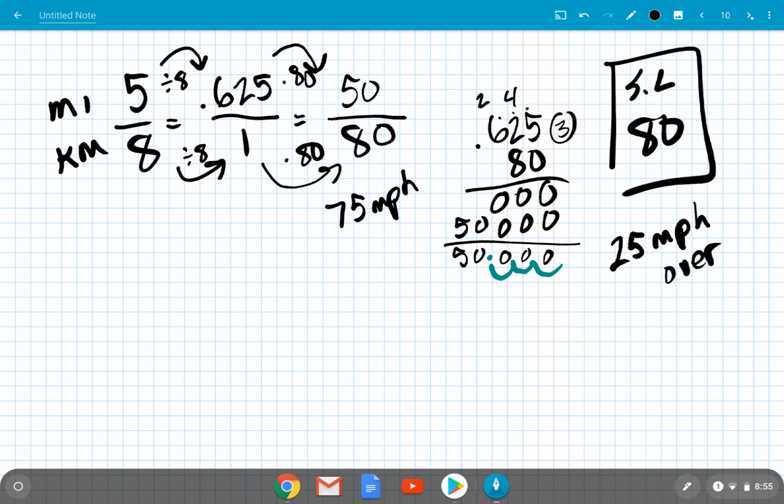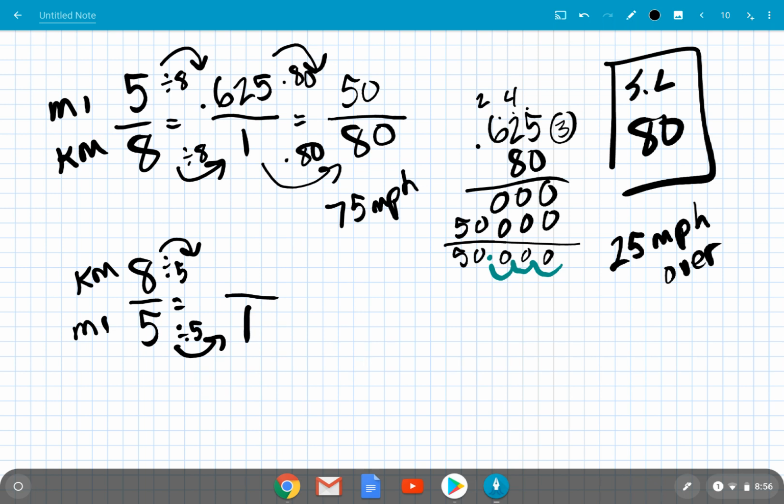We can also look at it from the kilometer perspective. So if we go 8 kilometers for every 5 miles, that is divided by 5, and this is divided by 5 because I'm basing everything on how far she'll go, how many kilometers she'll go in 1 mile.